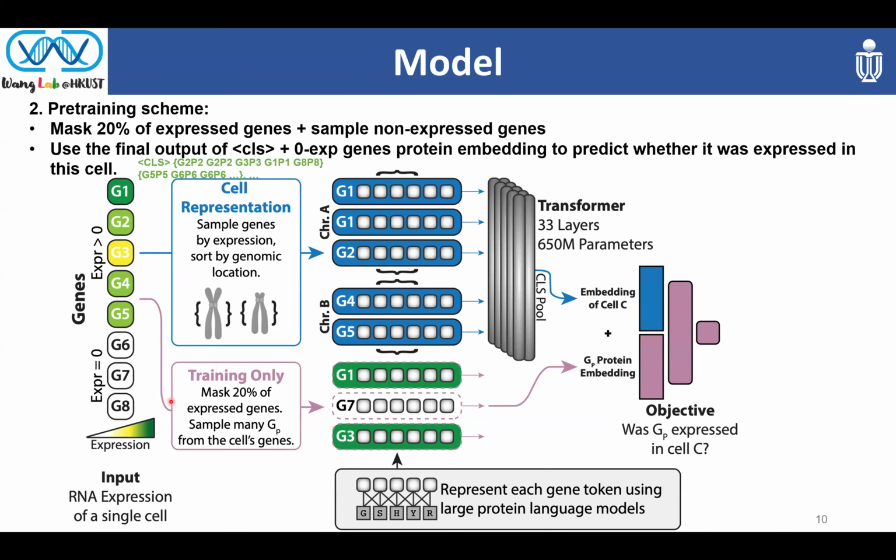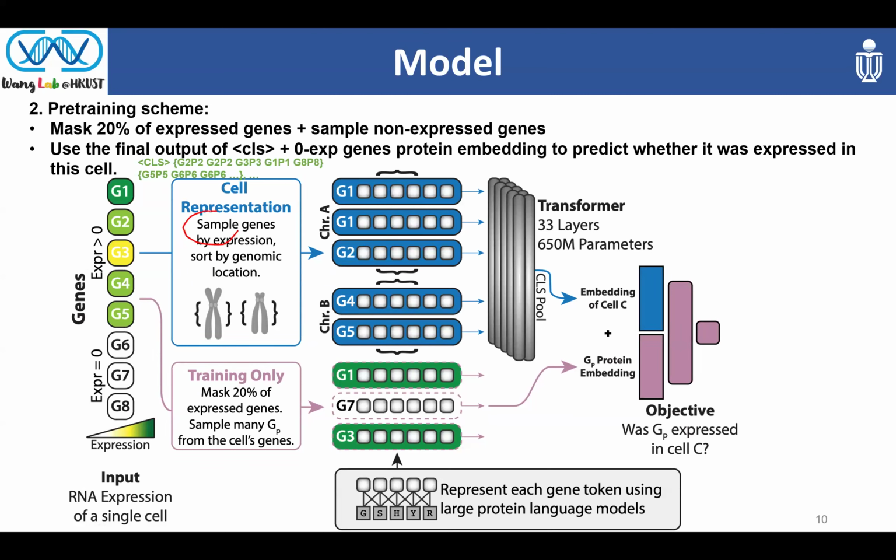Now I have a general question. From the three issues they want to solve, can you explain from this figure what they did to solve these three issues? The first one is the gene length.